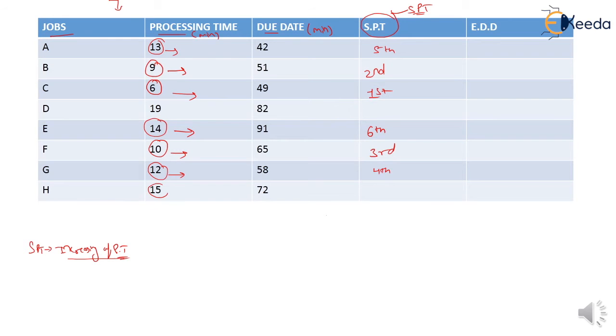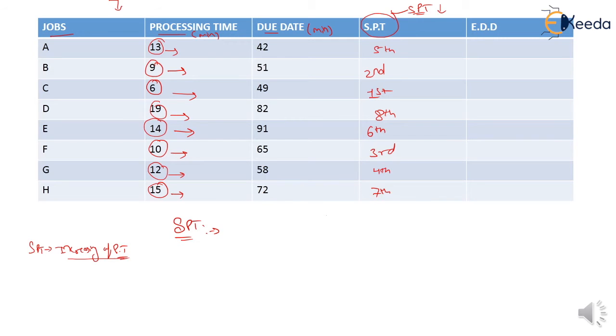Next higher is 15 processing time, which corresponds to H. So H is taken as number 7. Next higher is 19, so D is taken as number 8, the last one. Okay students, this is the sequencing of jobs according to SPT rule. So what is the sequencing?